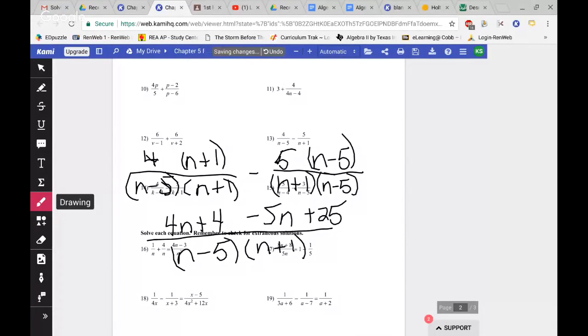And now combine like terms. 4n minus 5n gives you a negative n. Plus 25 gives me a plus 29, all over the denominator that we created. N minus 5, n plus 1.